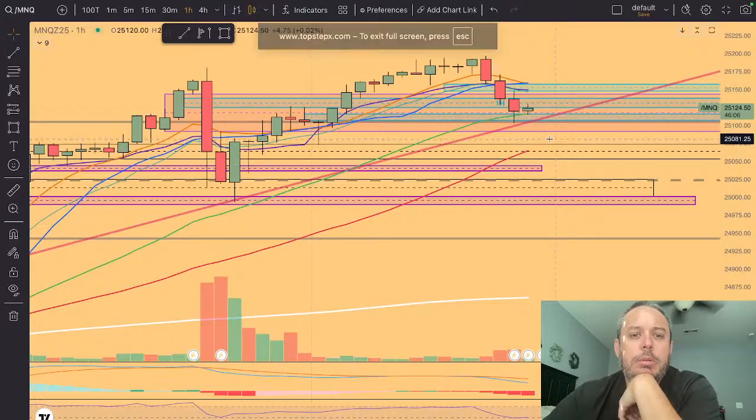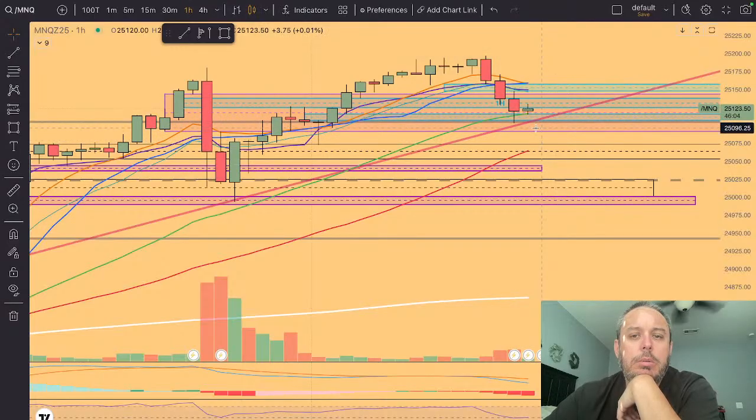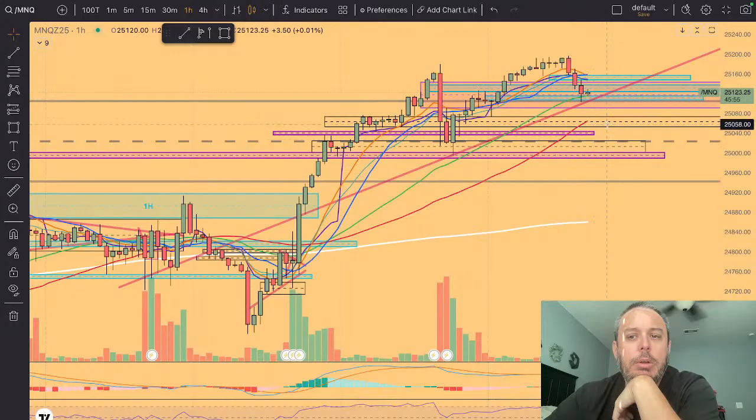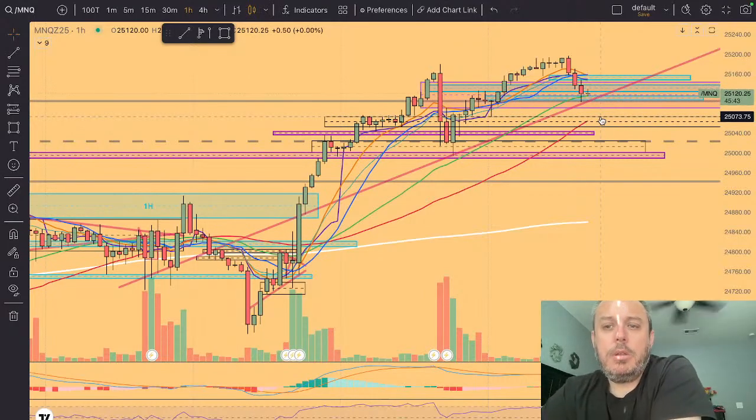I mean, we could kind of break down, come retest this area, which would make sense because of all this liquidity right here. Come back down to 25,703.